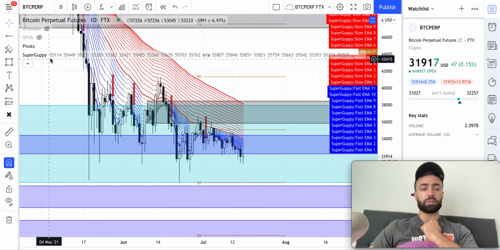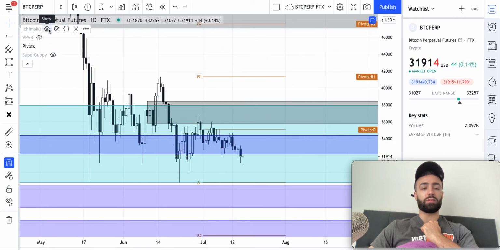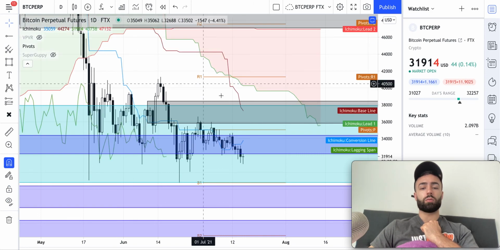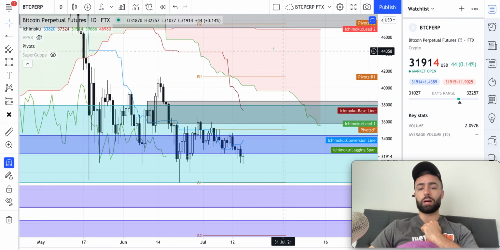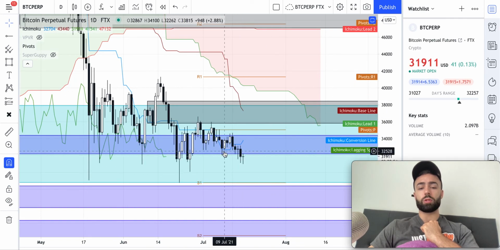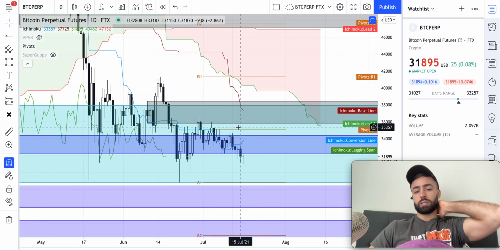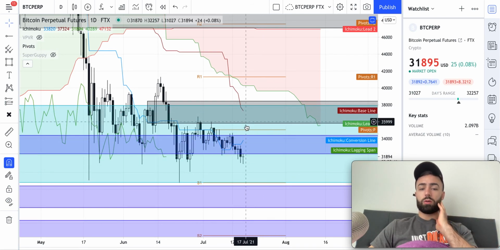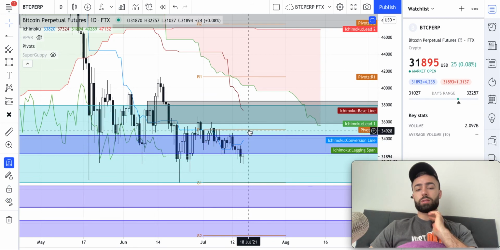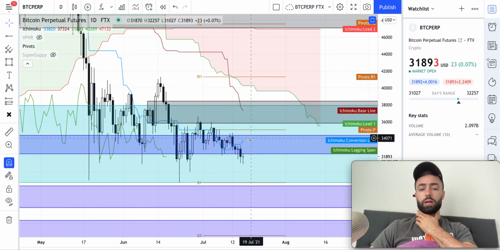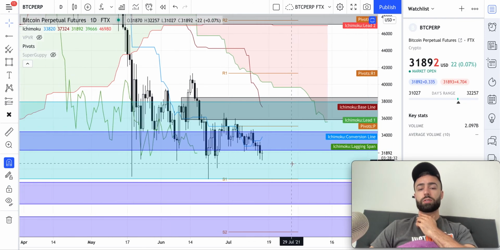Then we also have the Ichimoku cloud, which is in the most bearish scenario here with the cloud being red, the Tenkan, the blue line, below the Kijun, both of those below the cloud, and then price below all of that. So this is the most bearish scenario you can be in. The interesting thing about these is they're starting to contract, so we might see the price rise into these two lines in the coming weeks, and then potentially see a confirmed continuation of this downtrend.